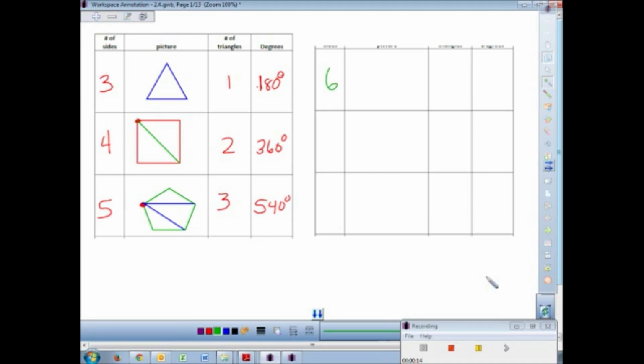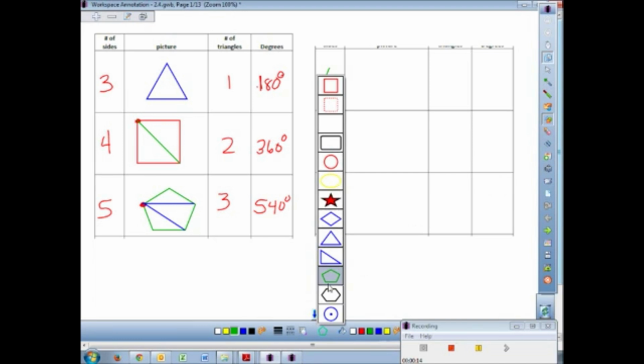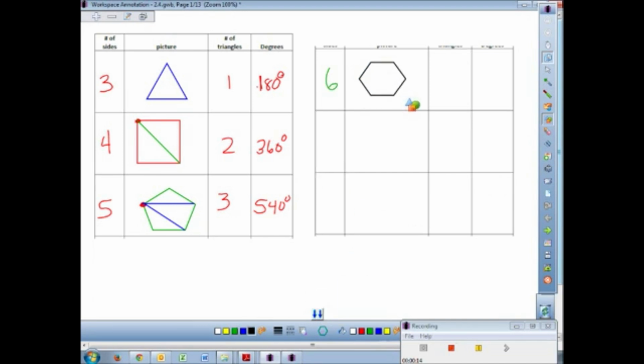What's that called? Hexagon. Whatever my shape maker is. Then pick any vertex you want to. Doesn't matter which one. And draw all the diagonals that you can from that one vertex.